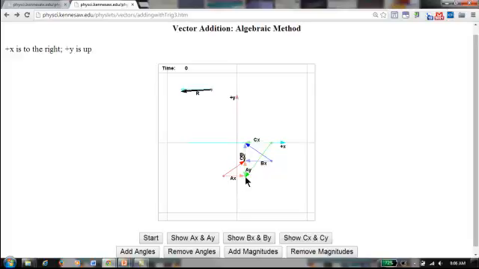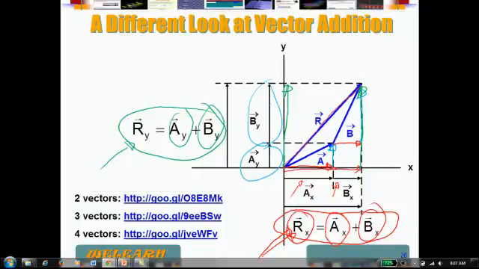Notice here we don't have much left, that's why we see that Ry is very tiny here. Okay, that's the way we are actually adding x and y components of vectors, and through those we are finding the sum of the vectors.